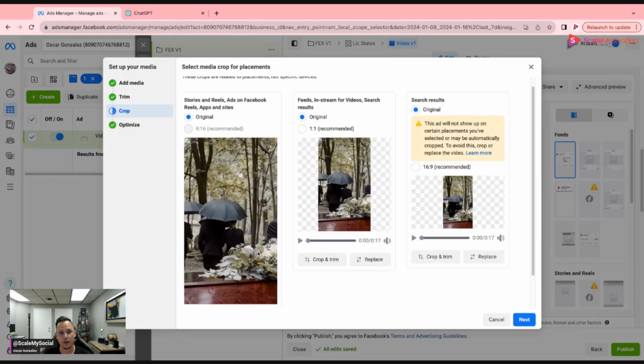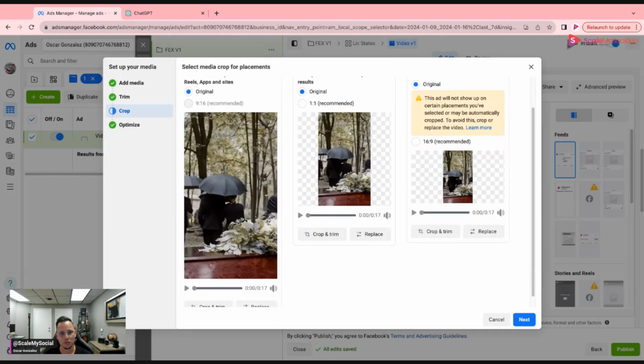And again, this is where that would go. We have our vertical. I want to include my square, so I would hit replace and load my square video. I want to have my horizontal, hit replace, load my horizontal video. Since this is just an example, I'm not going through that, but obviously that's what you would do when you're creating your ad. So I'm going to go ahead and hit next.